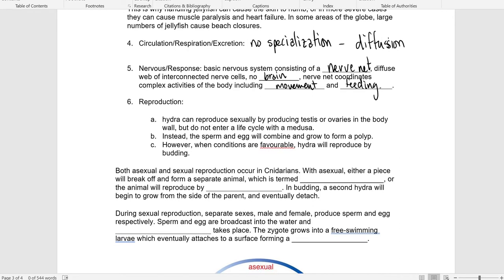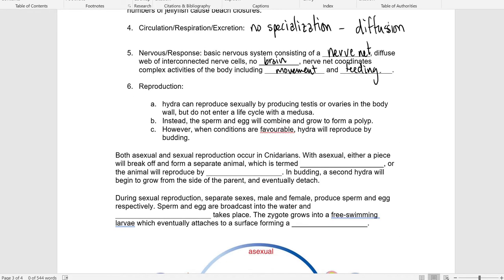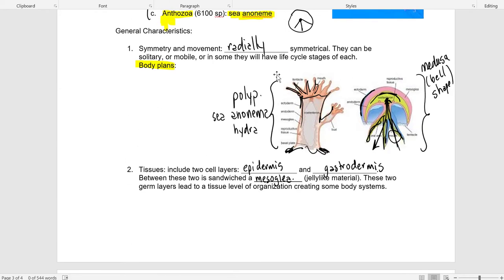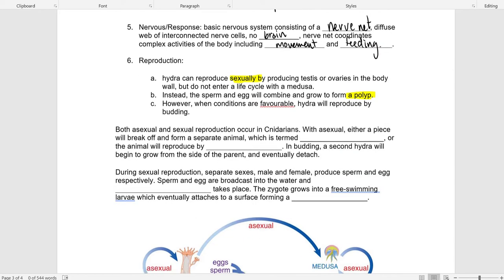Now, as far as reproduction, Hydra can reproduce sexually by producing testes or ovaries in the body wall, but they do not enter the life cycle with a medusa, right? Instead, the sperm and egg combine to form a polyp, basically a small version of the adult, but in sexual reproduction.